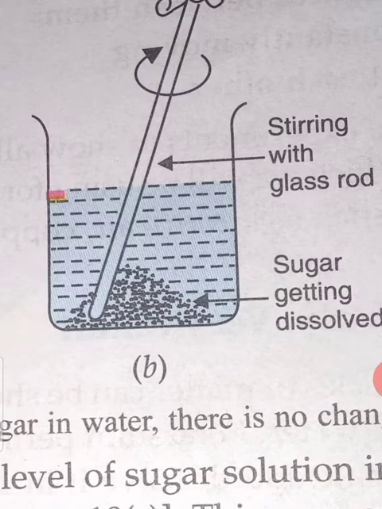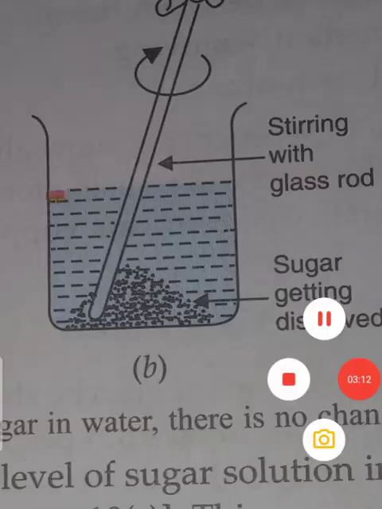The fact that there is no change in volume tells us that there are spaces between the particles of water, and these spaces accommodate the sugar particles. This also gives us another conclusion, that the particles in water are not tightly packed. They are somewhat loose, having spaces between them.